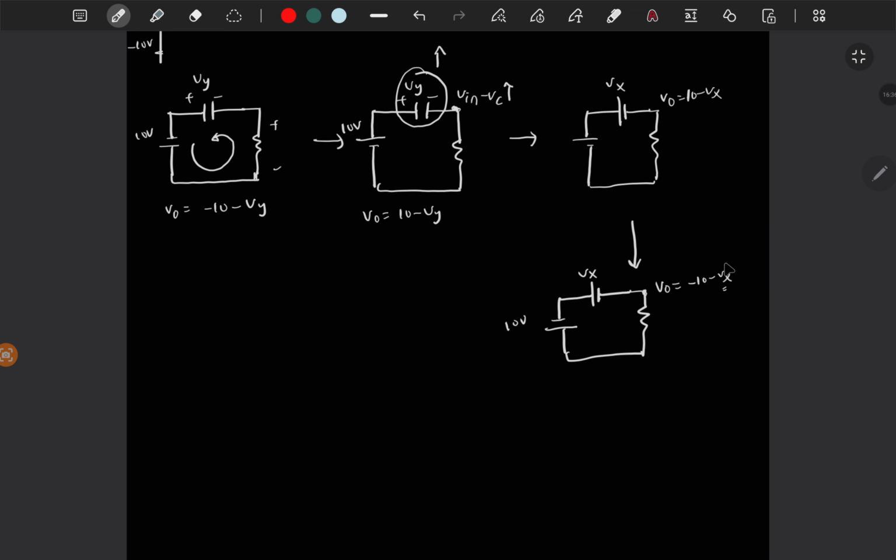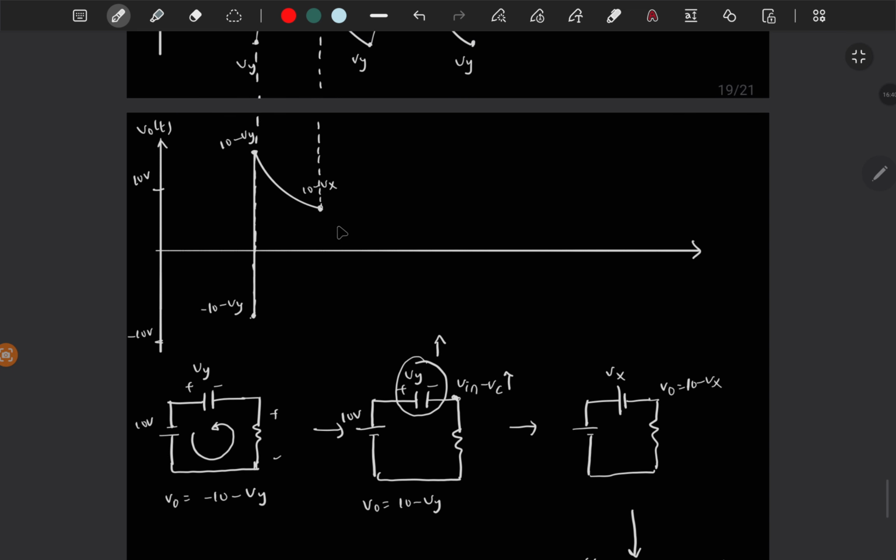Here Vx is also positive. So you will get the value which is below minus 10 volt. So it will go to here. This value is minus 10 minus Vx. So what is the magnitude of that, okay, will come later.